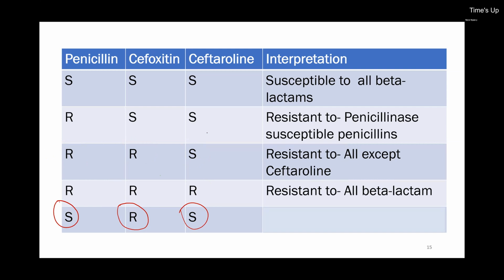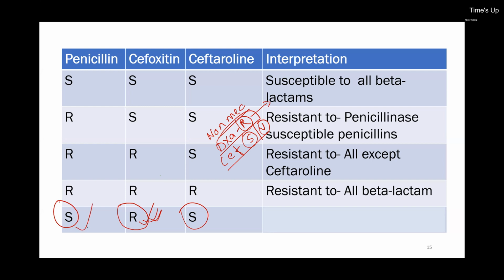We discussed non-mec mediated MRSA as BORSA. Oxacillin resistant, and cefoxitin can be susceptible, can be variable. But it should be oxacillin resistant, and by our confirmatory test in the last slide, the final interpretation would be resistant.